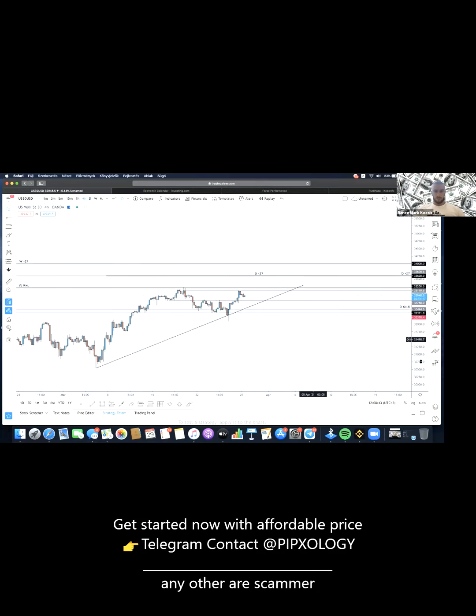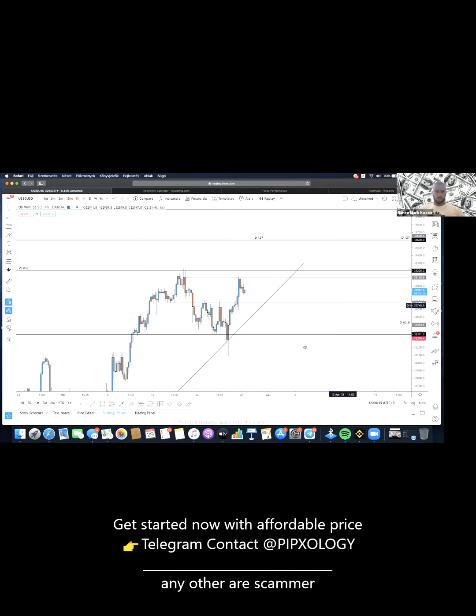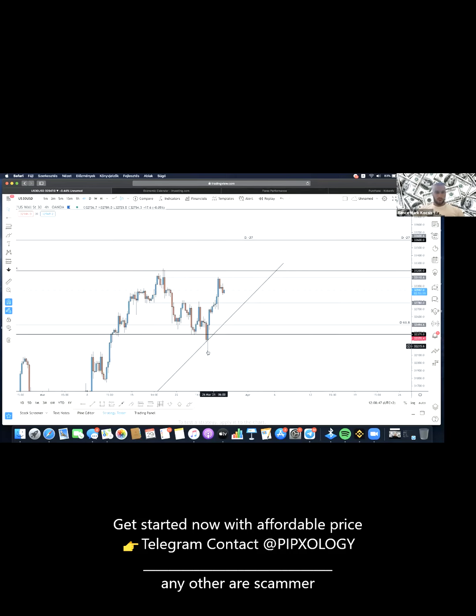Let's go to the 4 hour. On the 4 hour, you can see we have low, high, high, low, and a higher high. Fib from low to high, and you can see here is the 61.8 and here is the 78.60.